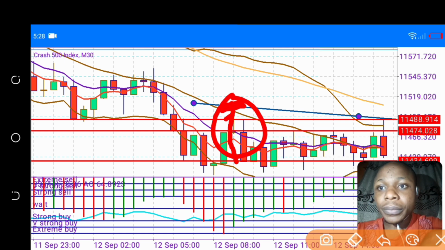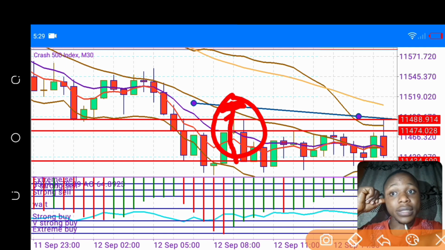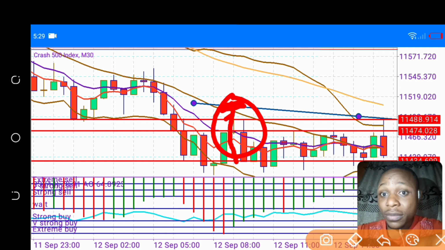So what are we saying? As a professional trader, you will understand that it's just a pullback. The trend is still very much on a strong downtrend, and it's an opportunity for you to enter a sell to join the downtrend.